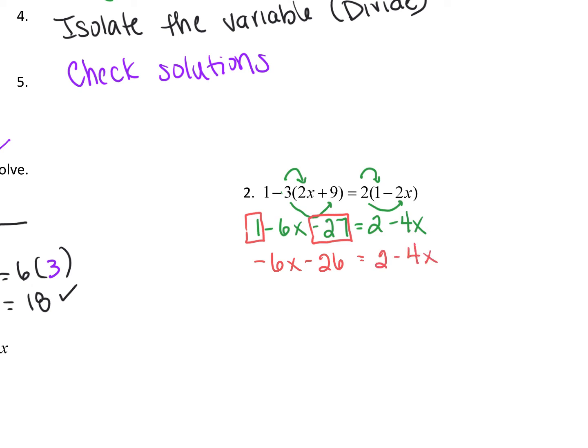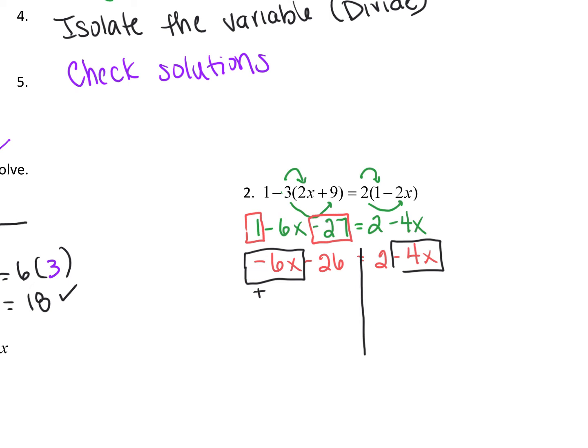And again, now we can start to isolate the variable by either adding or subtracting. And notice here, I told you I want to keep my x's on the side where it's bigger. So you have a negative 6x and a negative 4x. Realize that negative 4x is bigger than negative 6x. Here you're more negative, so this is a bigger number. So we're going to move everything to this side. To do that, I'm going to do the opposite operation of this negative, which will be a positive.